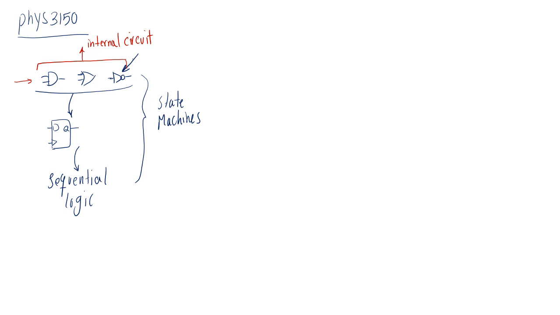So first we need to know how we build these basic logic gates, and if we know how to do that, then we can build anything more complicated than that, because all of the state machines and sequential logic and the flip-flops and anything else that we have discussed in this course are made using these AND gates and OR gates and inverters and other basic logic gates. So let's get started with that discussion as the last topic of this course.